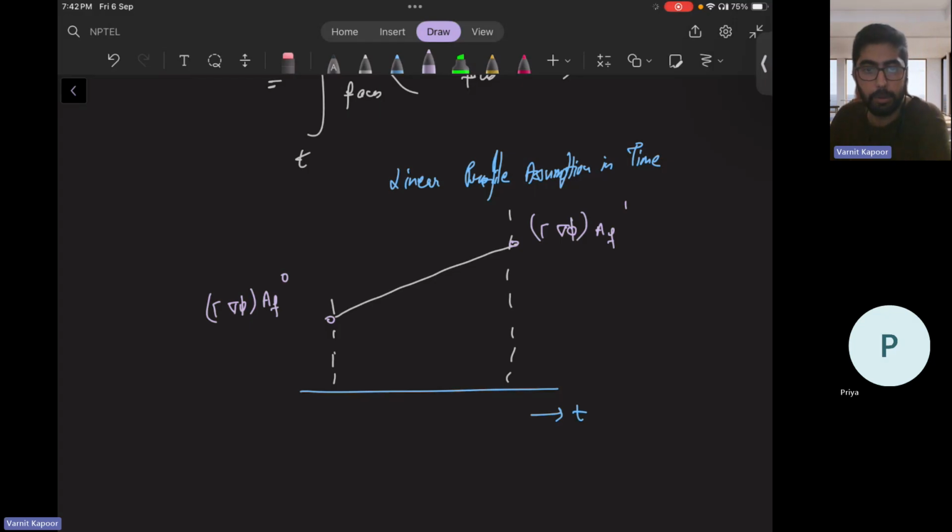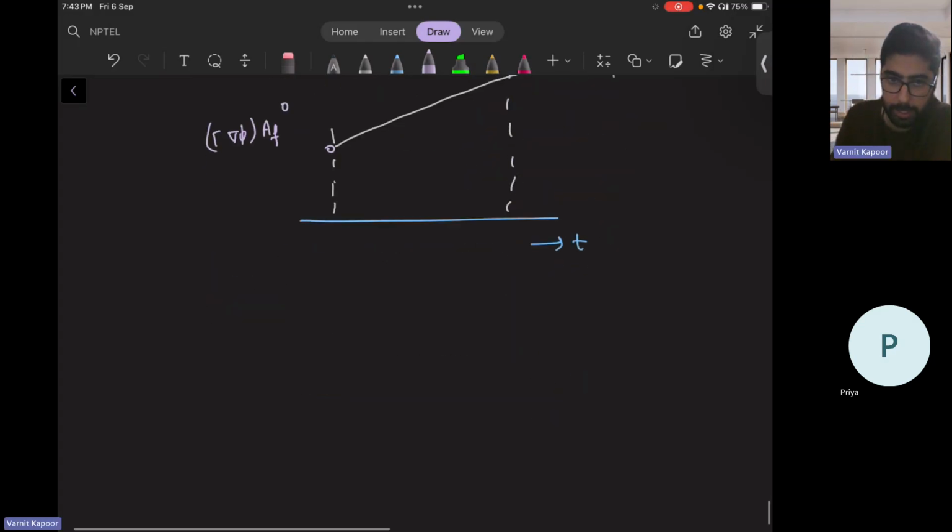So there is some interpolation factor which goes from 0 to 1 when we are integrating with respect to time. As of two values at 0 and 1, there is some kind of linear variation between these two values.